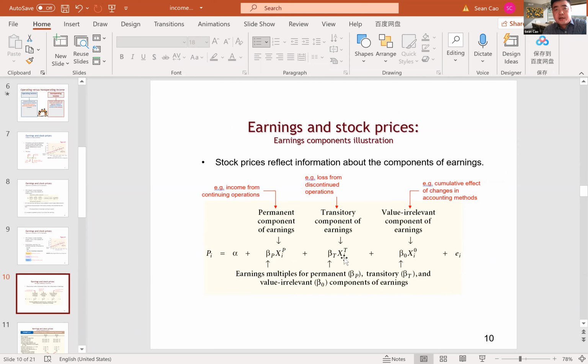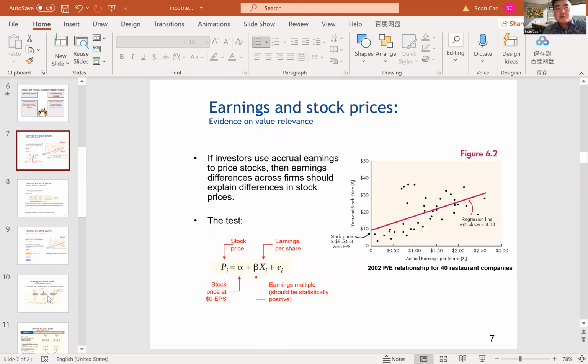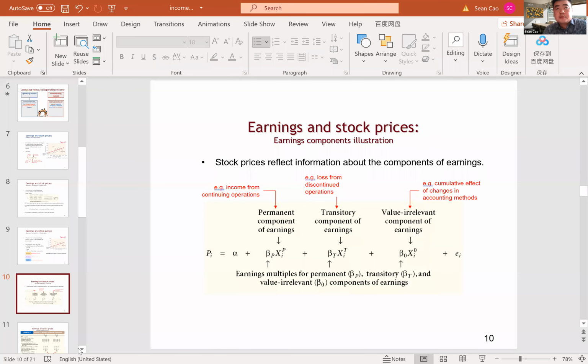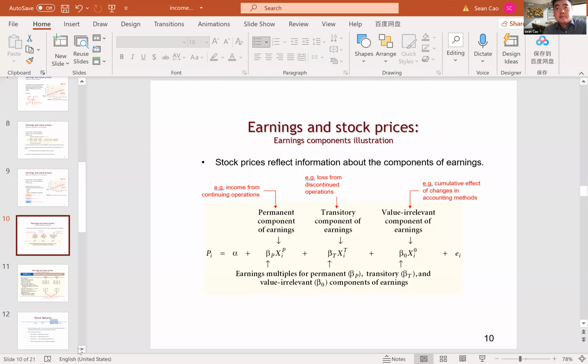If the earnings are from the side business, the beta will be lower. If it's just window dressing, then the earnings should have no impact on stock price. So in other words, if most of your earnings are from the primary business, then on average the beta will be higher. Does that make sense?